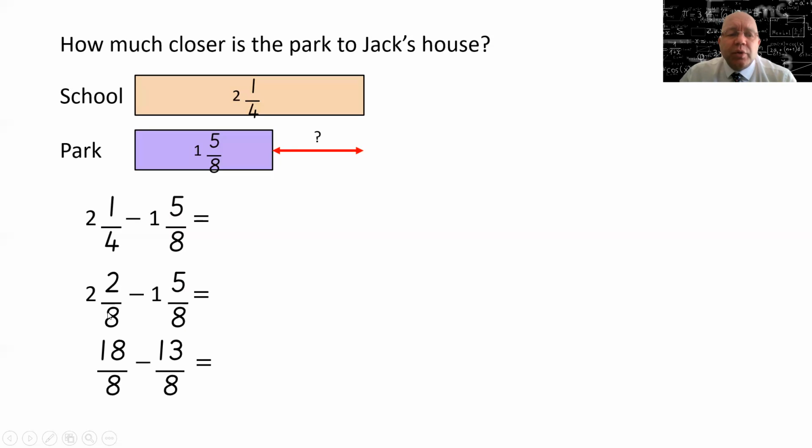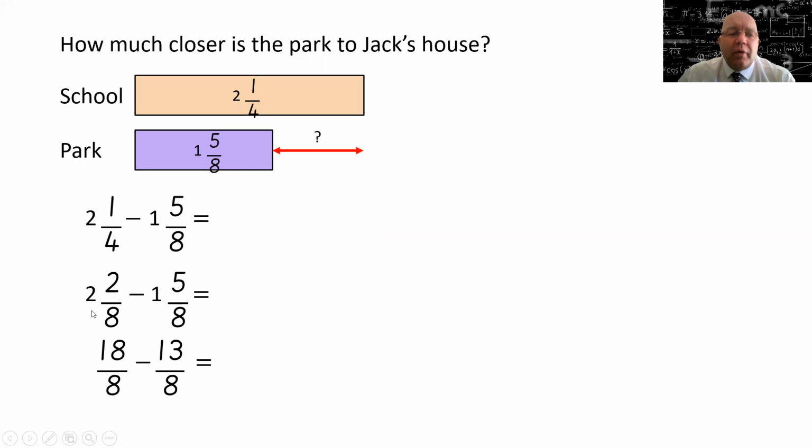Because we know that 2 2/8 is bigger than 1 5/8. So we know we can do the calculation, but we can't do it as a part whole method. We can't deal with the 2 and the 1 and then deal with the fractions. It won't work. So by converting everything to improper fractions, it becomes a little bit more straightforward.